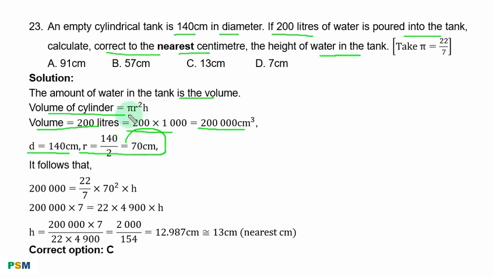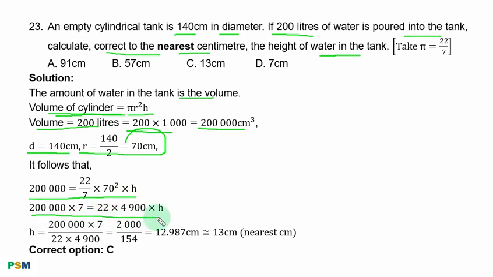We are to get the height. You come here and replace volume, pi, and radius with what they stand for, except the height, which we are to solve for. Multiply through by 7 to clear fraction.